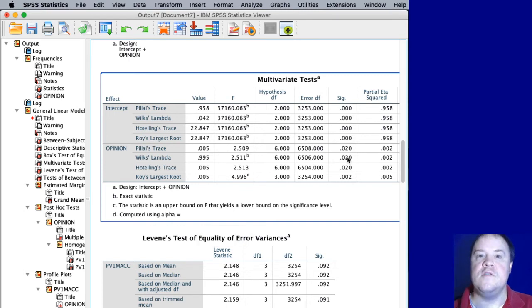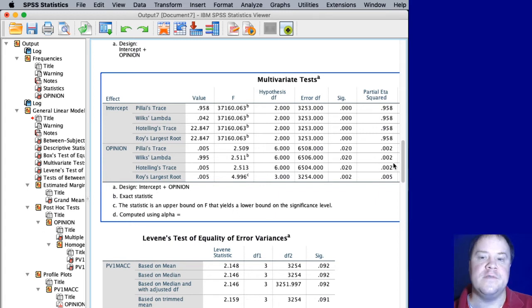So in response to our question, we could say that it appears to matter how much opinion students have, or how much opportunity students have to express opinions during math class, on their mathematics achievement. We don't know if that is different for these two subtests. And we also don't know if there are only specific levels of opinion, or maybe it depends on the amount or the frequency of being able to express their opinion.